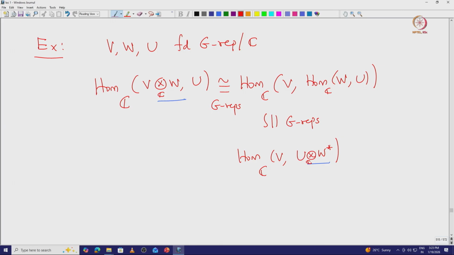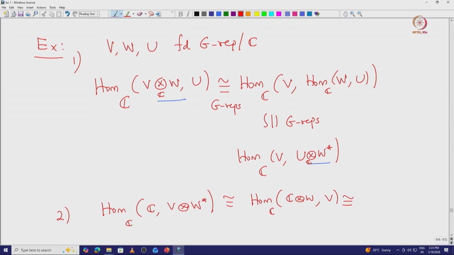In particular, if you take for example the one dimensional case, you can see that Hom(C, V tensor W star), where you bring this W star over to the C tensor W, is exactly equal to Hom(C tensor W, V), which is isomorphic to Hom(W, V). So, this is the identity that we are getting.